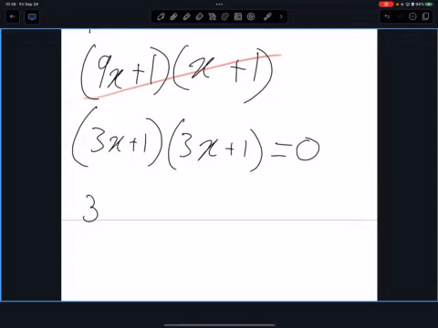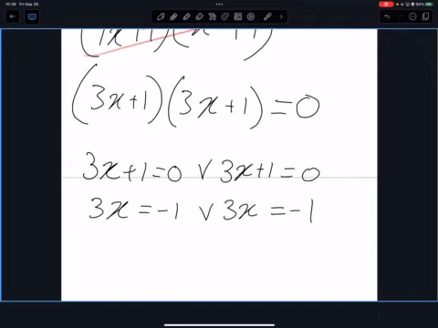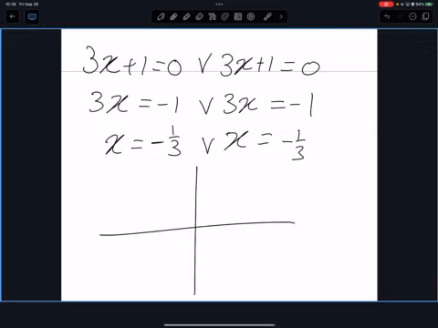So you have 3x equals minus 1. And then you get x equals minus a third. Both are the same, correct. What does that mean? It means it only has one root. It means your equation does this.